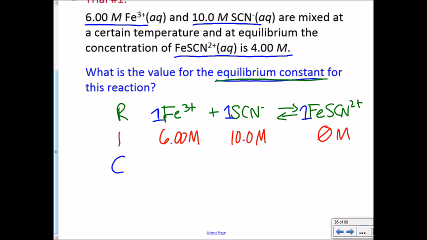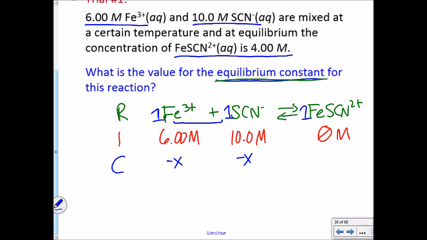So we're going to use X's to represent the amount of moles that would be lost or gained by either side of the reaction. Since this is 1 mole, it's going to lose a certain amount. And since this is also 1 mole, it's going to also lose that same amount, correct? Because these two things over here have to combine to make one of those things over there.